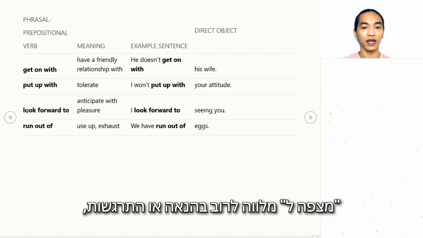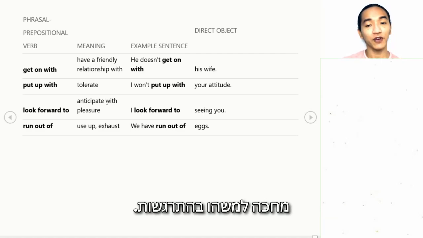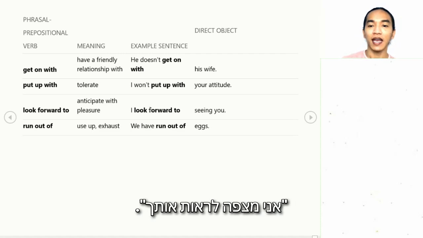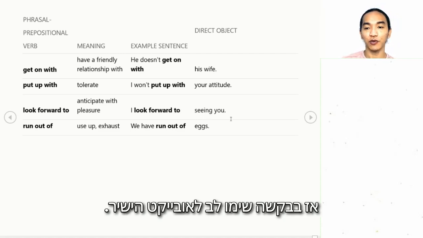Look forward to means anticipate with pleasure or excitement, waiting for something with excitement. For example, I look forward to seeing you. Please pay attention to the direct object.